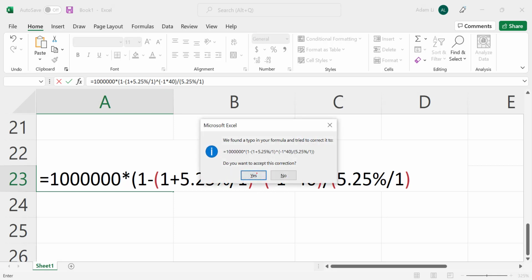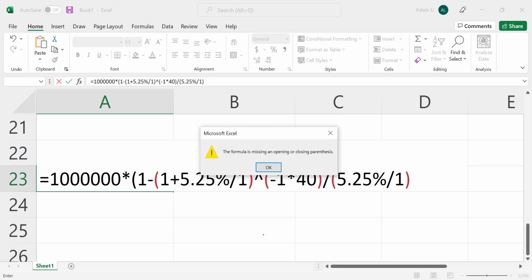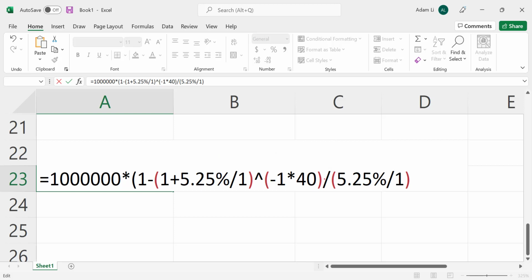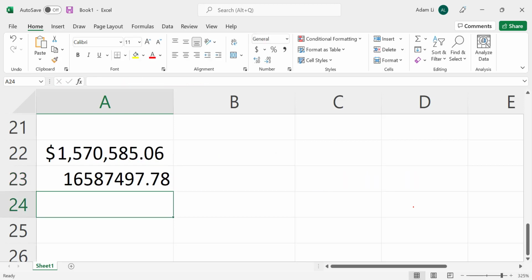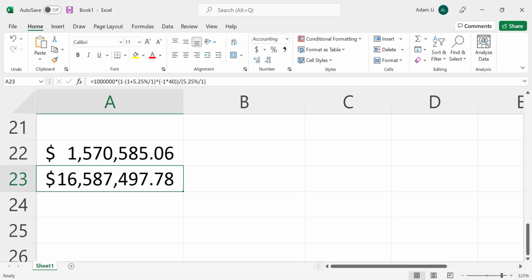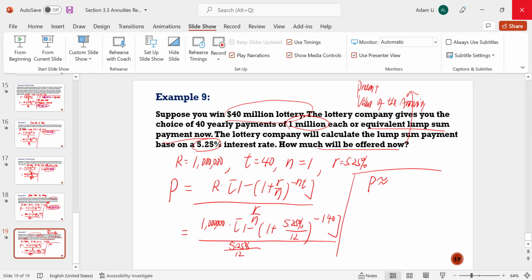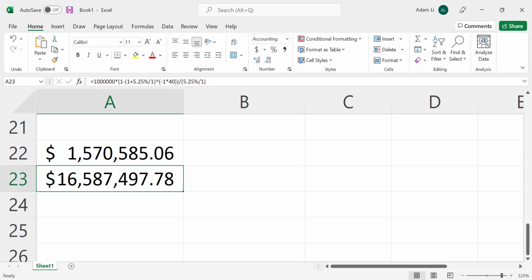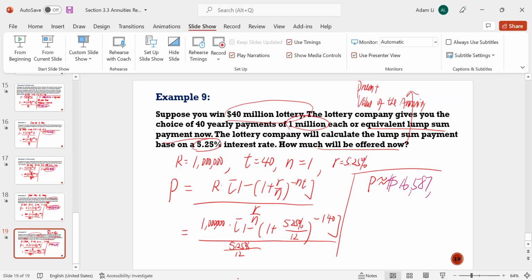It turned out you only end up with $16,597,497 and 78 cents.